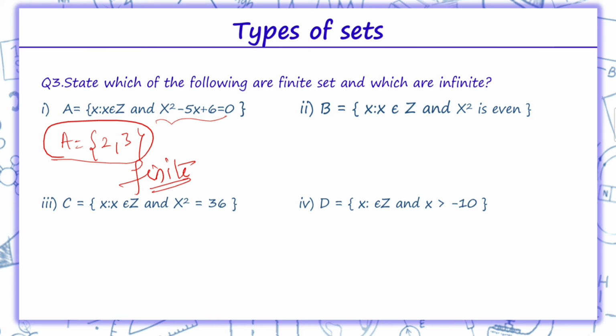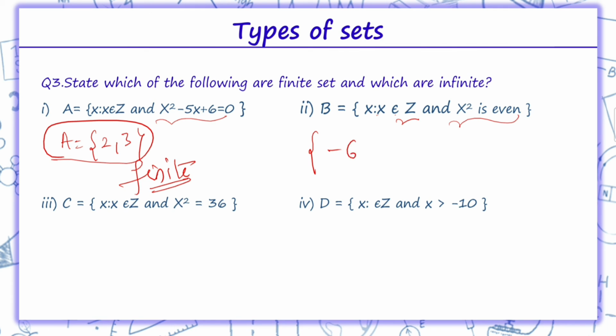But yes, over here if you can see B, x such that x belongs to Z. Z means what? Integers. x square is even. So x belongs to Z, and x square should be even. There are too many numbers which are even.